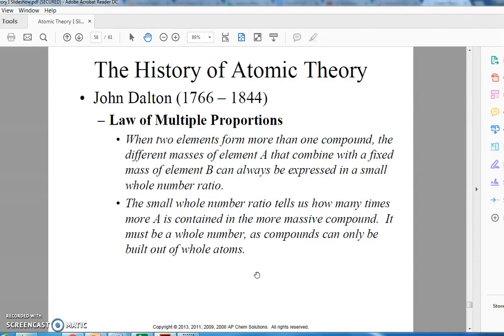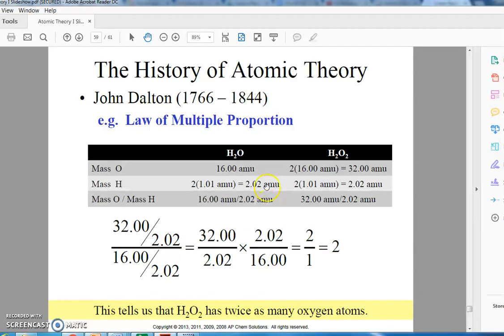For example, in hydrogen peroxide, we have 16 times 2 of our oxygen. And in water, we just have 16 of our oxygen. But both of them have 2 for the mass of the hydrogen.